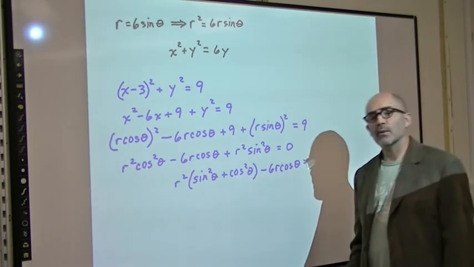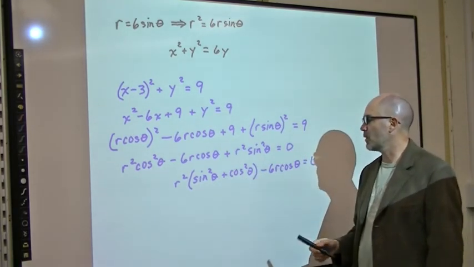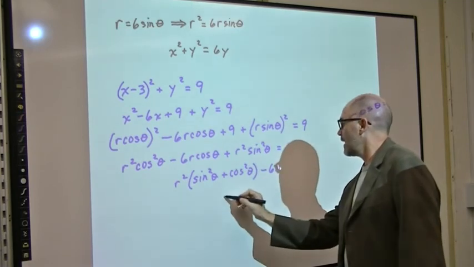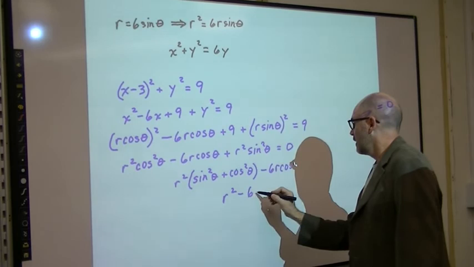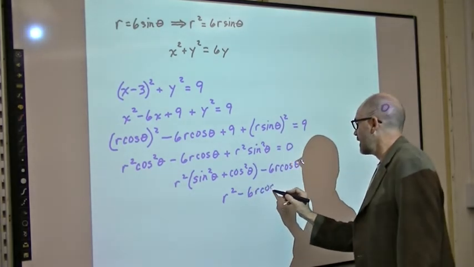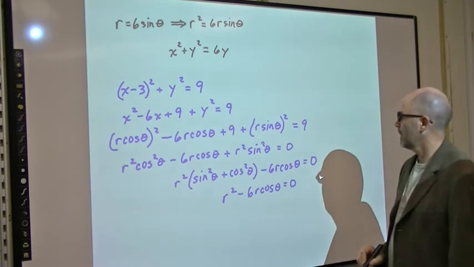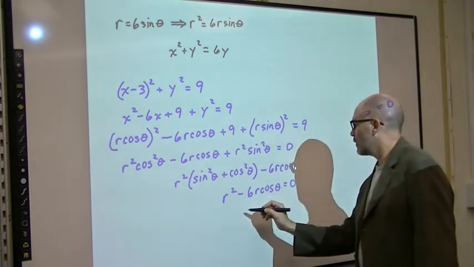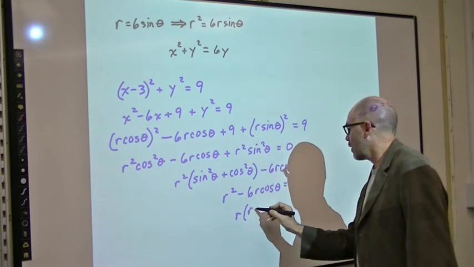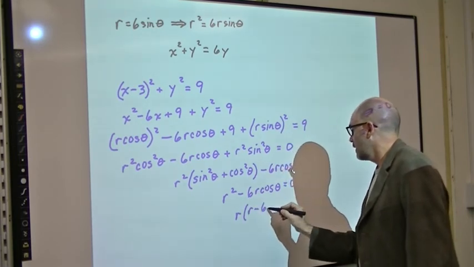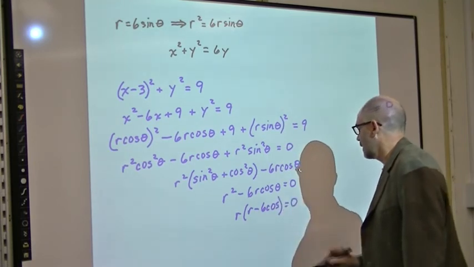Okay, now, you might remember from a couple of chapters ago, sine squared plus cosine squared equals 1. So now I just have r squared minus 6r cosine theta equals 0. Now, I could factor an r out of here and make it r times r minus 6 cosine theta equals 0.